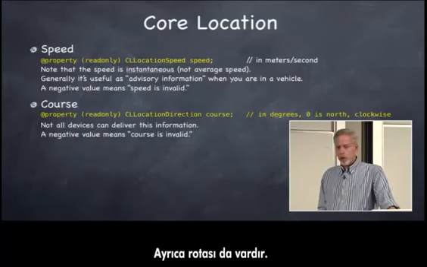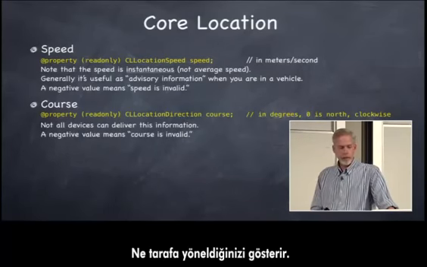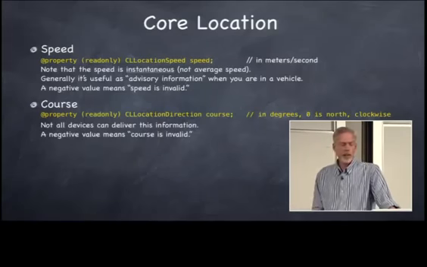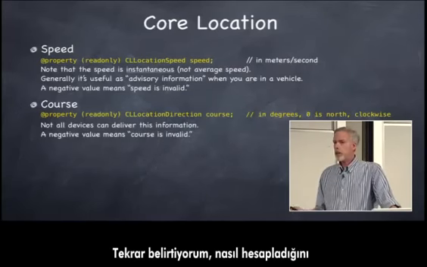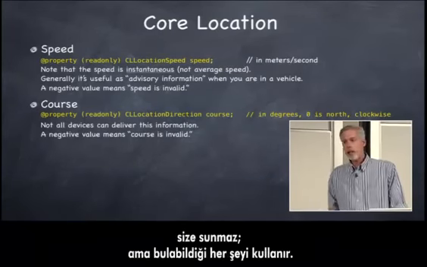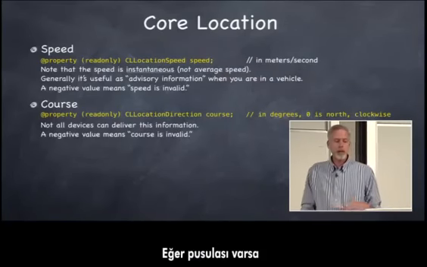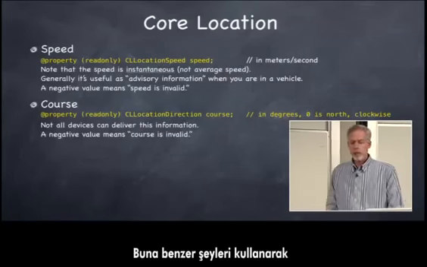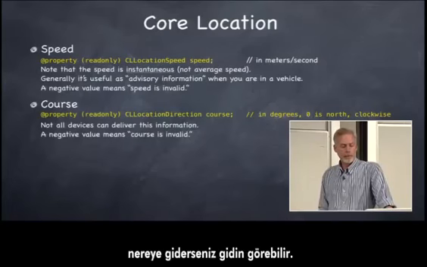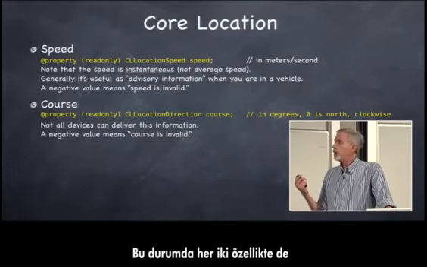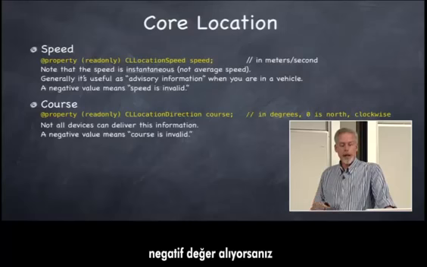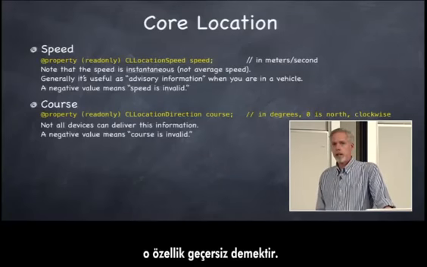It also has course, which is the direction you're heading in. And again, it doesn't say how it calculates this, but it'll use whatever it can. If it has a compass, it might use that. It might just be using where it's seeing you go. For both of these properties, if you get a negative value, that means the property is invalid.